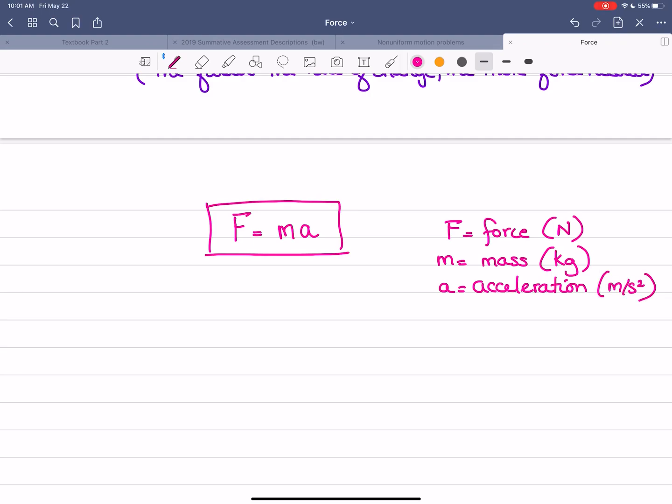And in fact, a newton is a kilogram meter per second squared. Okay, but instead of writing that out, what we write out is a newton.